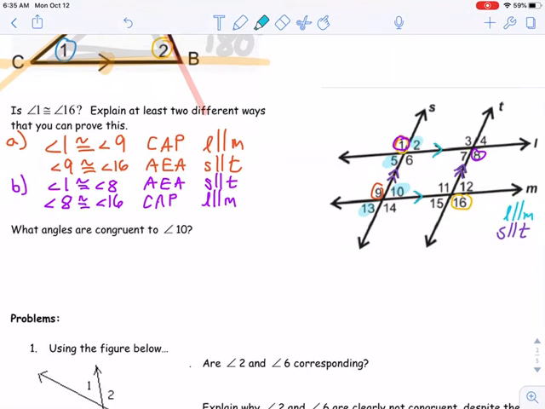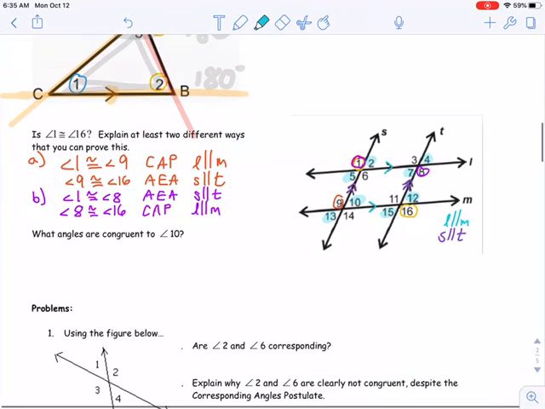Okay, 10 is congruent to 12, corresponding angles. 10 is congruent to 15, alternate interior angles. And then indirectly, well, 12 and 4 are congruent because they're corresponding angles, so 4 and 10 are congruent by transitive. And then 10 and 7, because you could say, well, 4 and 7 are vertical angles, and if 10 is congruent to 4, 10 must be congruent to 7.